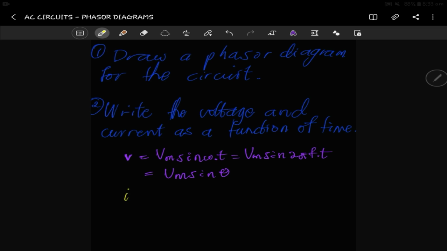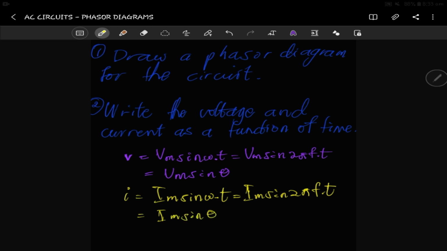So sinusoidal i, we have I max sine ωt, that W is the angular frequency, or I max sine 2πft, or I max sine theta.